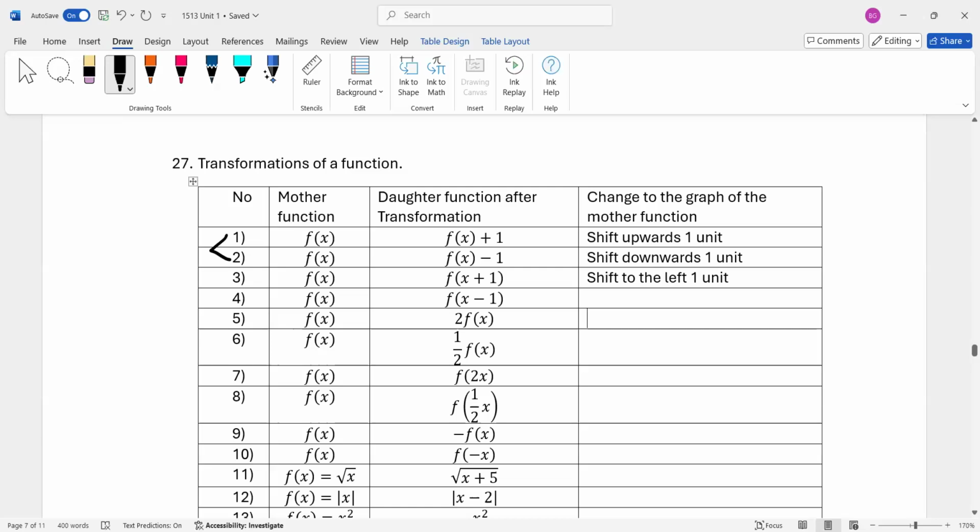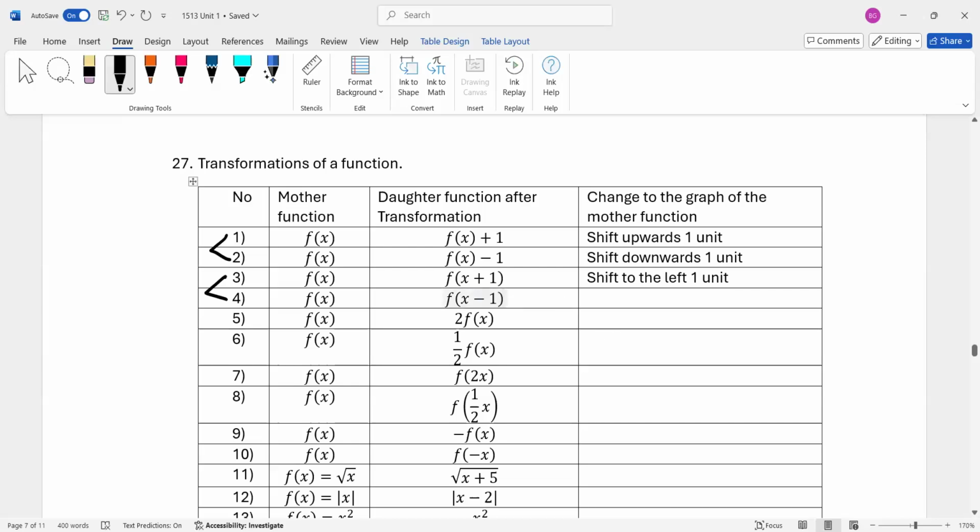And what do you think of number 4? Transformation number 4. When we minus 1 from x, again, x is not the input anymore. X minus 1 is the input, right? Since x minus 1 is the input, in order for the function to produce the same y value output, x has to be 1 unit bigger to balance the minus 1.